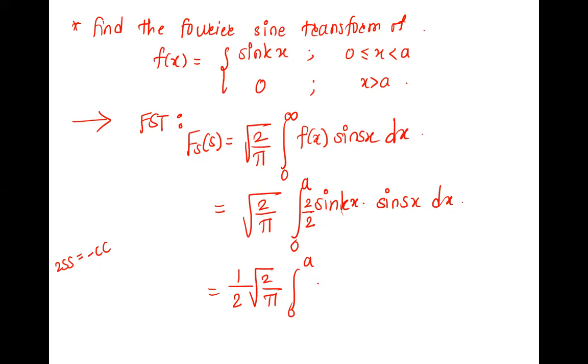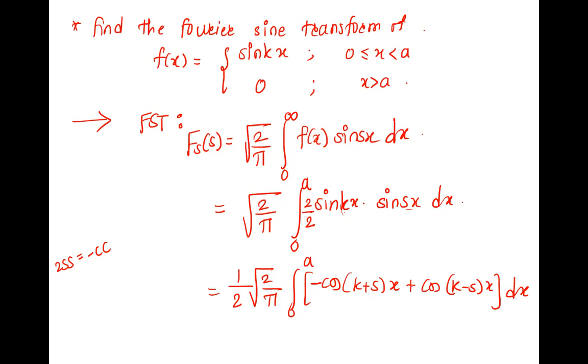That is minus cos A plus B, kx plus sx, x is common, so k plus s x, plus cos A minus B, kx minus sx, k minus s x dx. Is this correct? Yes. Right.